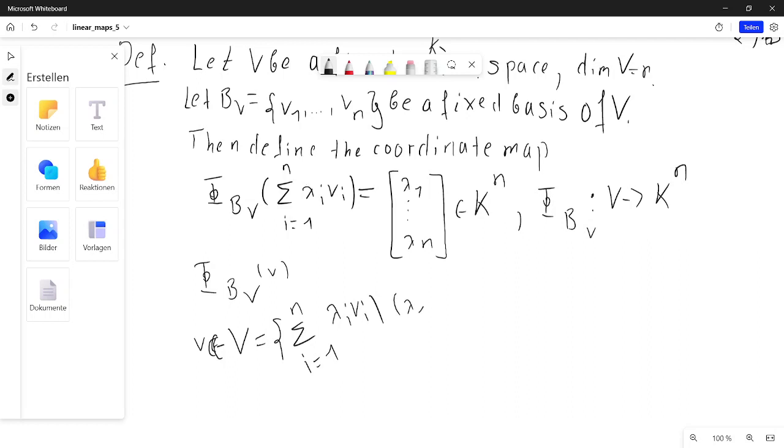And we can write it in a fancy way, with lambda in K.